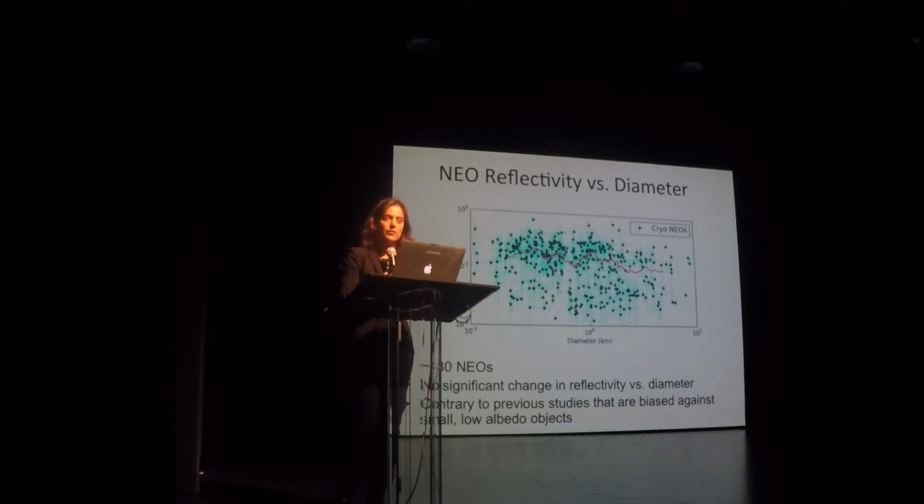Previously, studies had found that asteroids got brighter as they got smaller. Well, that's because we were able to show that when you look at them with a reflected light telescope only, you're more sensitive to the things that are bright. So small, dark objects are harder to see. They're still there. That's what this study says. They're right there. But you're just not seeing them if you're only looking with a reflected light telescope. So that was one of the more interesting things about this.